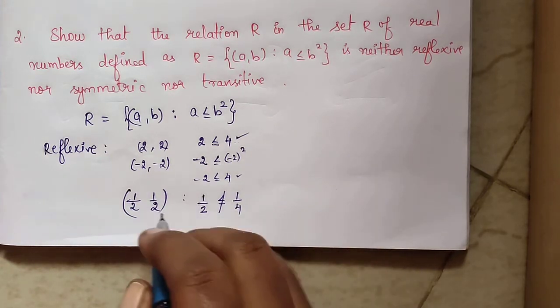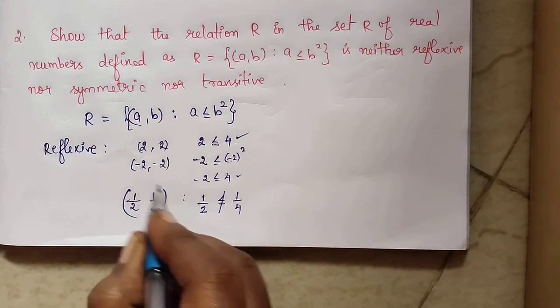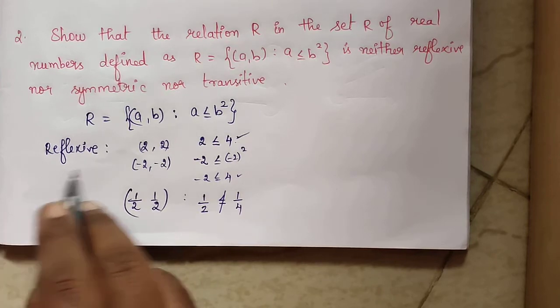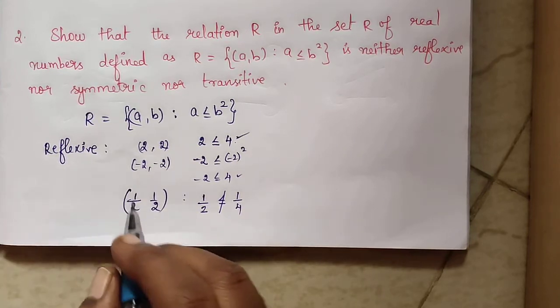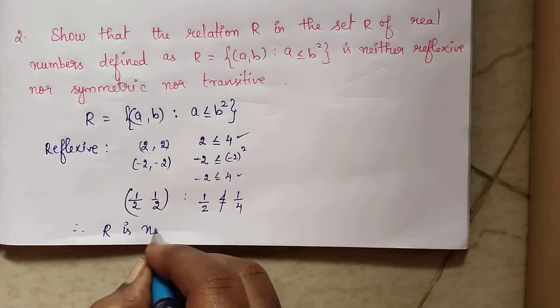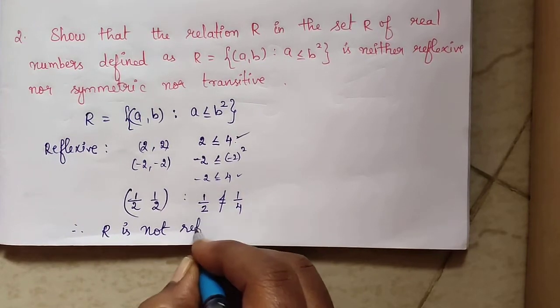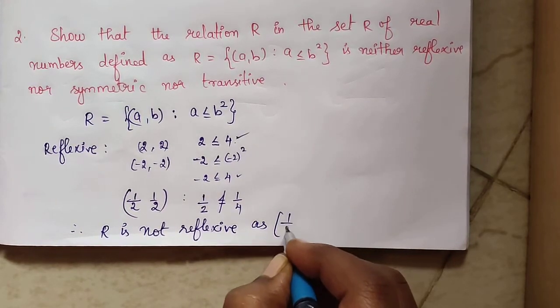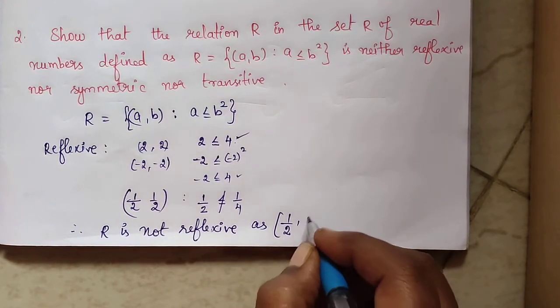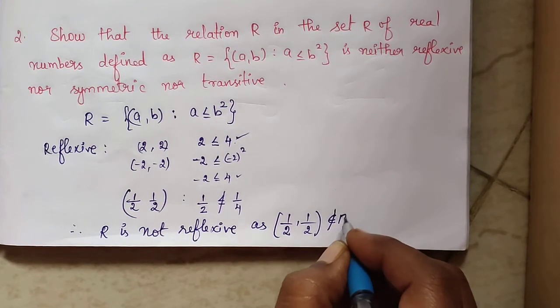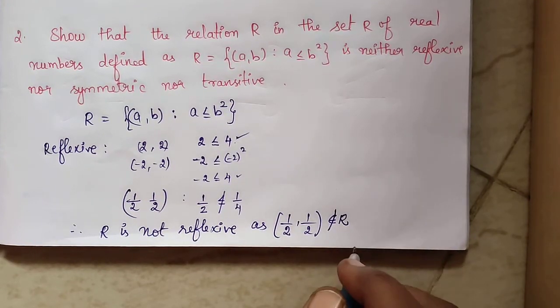Therefore I can say that for rational numbers the reflexive relation is not there. Therefore R is not reflexive, as 1 by 2, 1 by 2 does not belong to this relation.